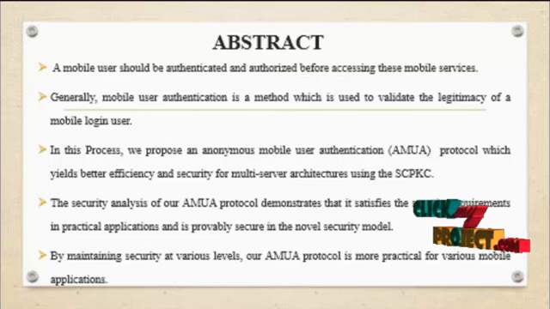The security analysis of our AMA protocol demonstrates that it satisfies the security requirements in practical applications and is provably secure in a novel security model. By maintaining security at various levels, our AMA protocol is more practical for various mobile applications.